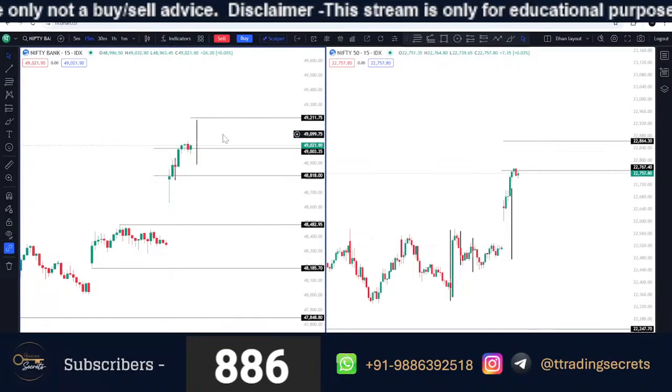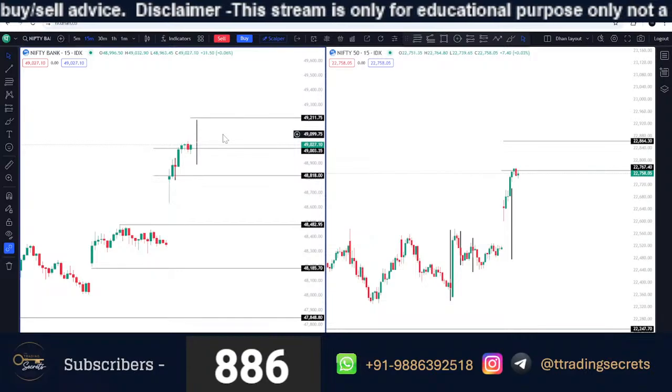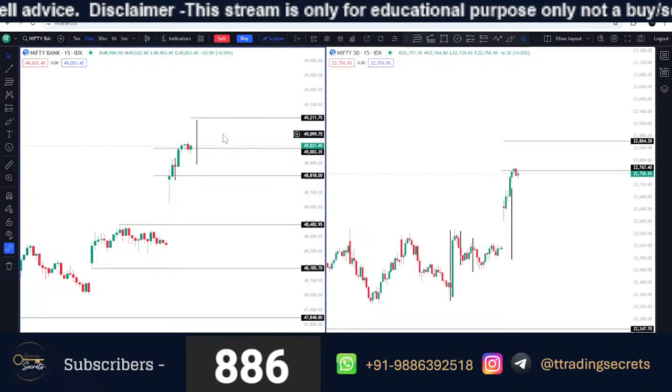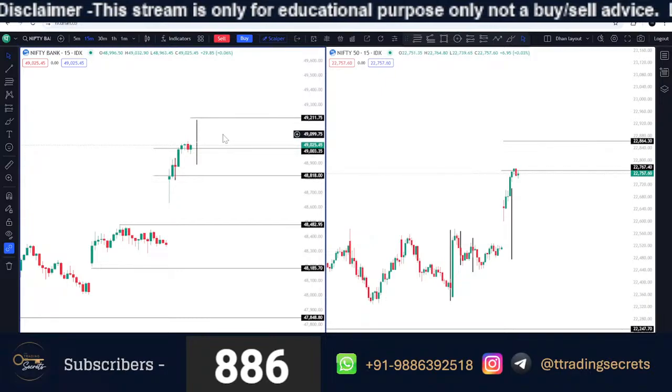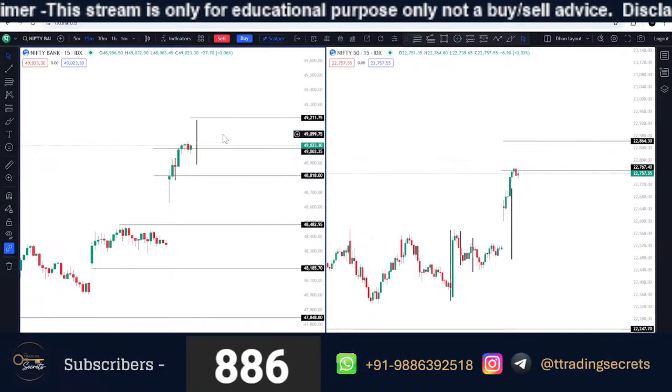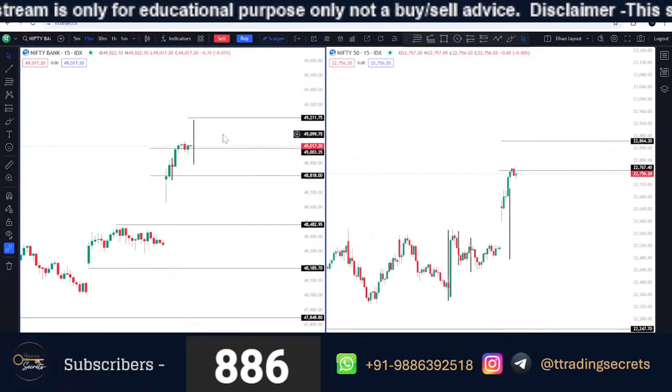Stop loss: Asia session 20 pips, London and New York session 40 pips. Margin utilized: 1 is to 1000, 1 is to 2000. If the capital is high, 1 is to 500.